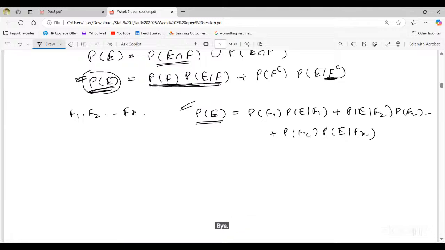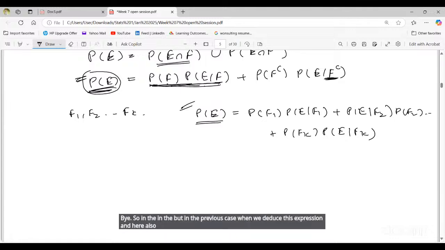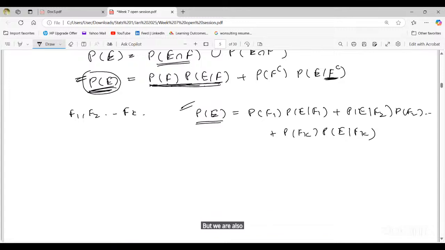But in the previous case, when we deduced this expression, and here also when we are looking for this Bayes rule, we are making a statement that E and F are mutually exclusive, right? But it also appears E intersection F, just a second. Can you go to the second line?